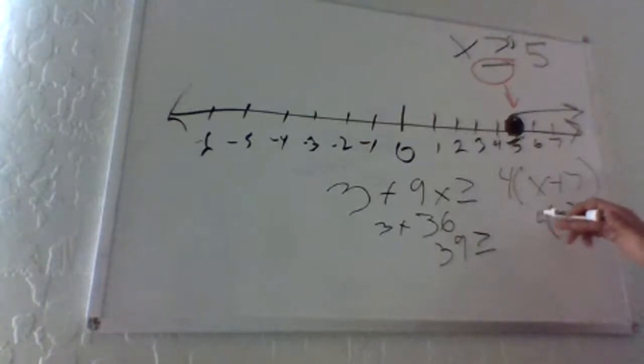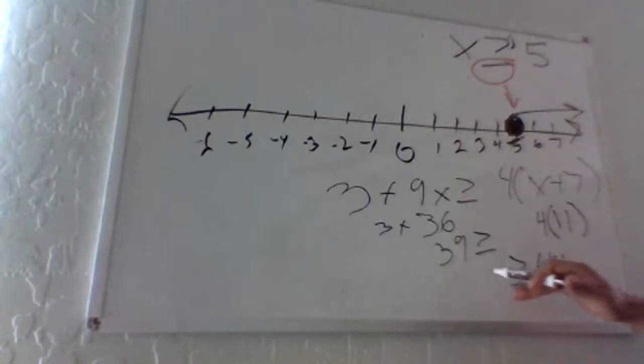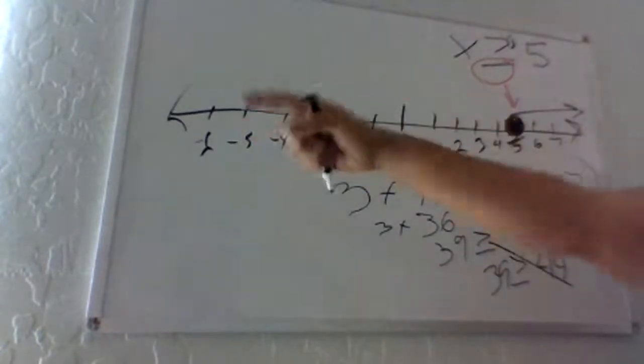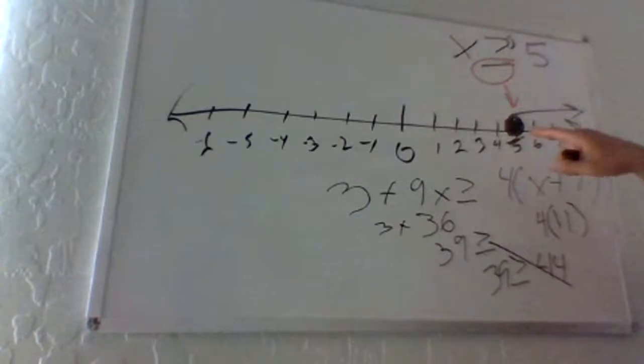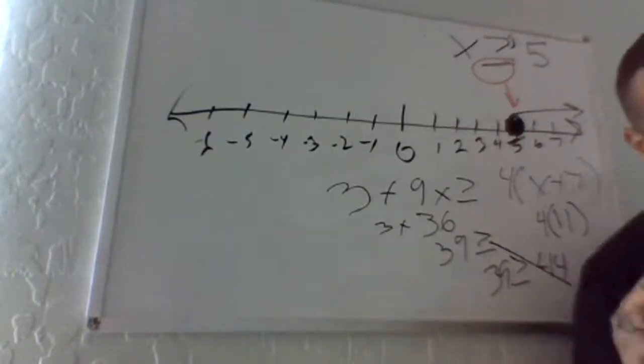Times 4? 44. So is it true? No. No, and that's why it won't work. So any number less than 5 will make this equation not true. 5 and any number greater will make the equation true. Does that make sense?